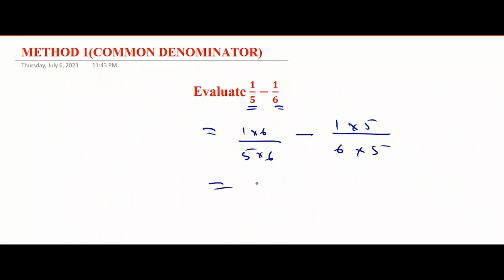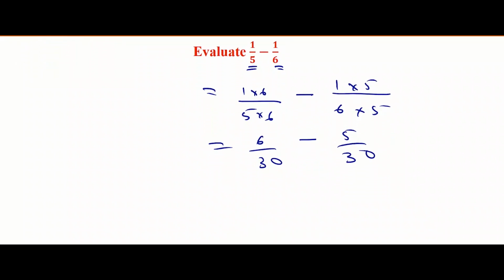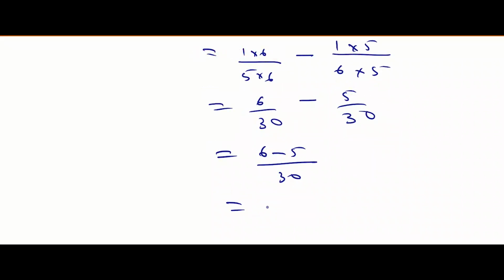So that will give us 6 out of 30, subtract 5 out of 30. Now that they have a common denominator, you can easily subtract the numerators directly. So that will be 6 subtract 5 out of 30, which is equal to 1 out of 30.